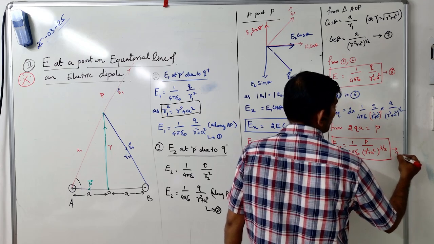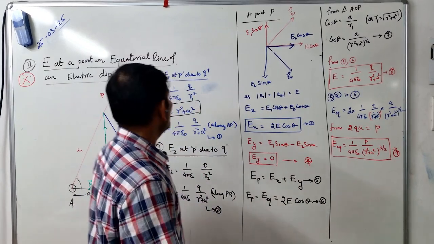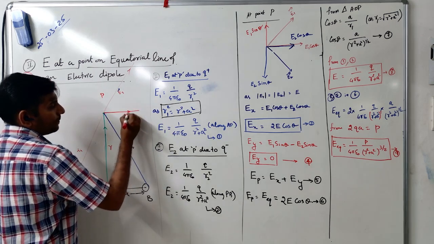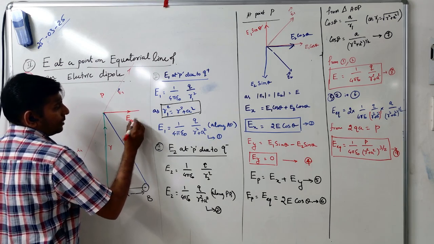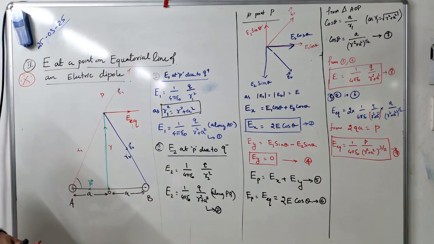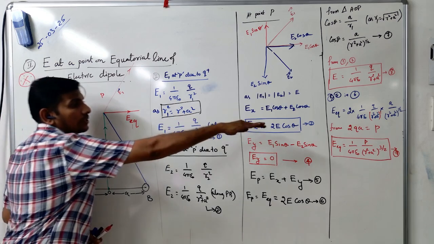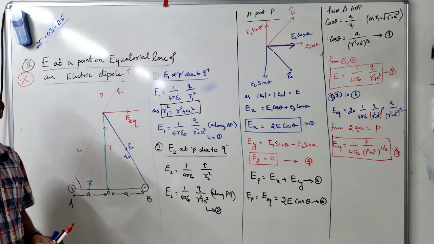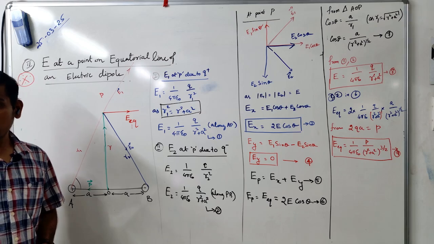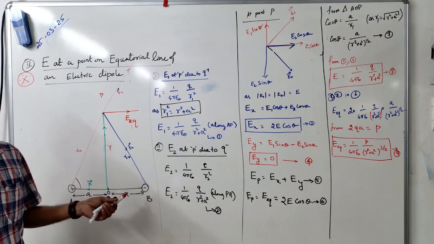This is formula number 9. Watch the board, everybody. Here, the effective electric field is in this direction, which is opposite to the direction of P. Last time, the effective electric field was along the direction of the dipole moment.